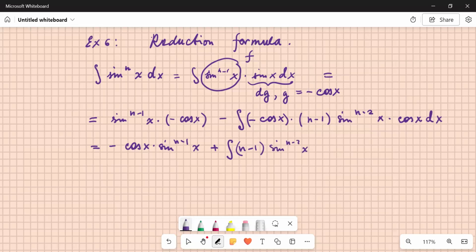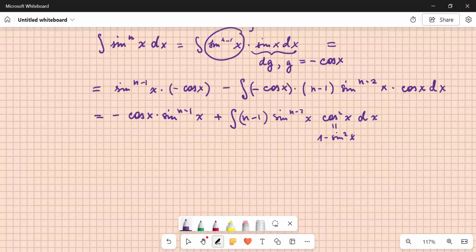And these two cosines are going to be combined into cosine squared. What I'm going to do with this cosine squared is represent it as 1 minus sine squared. Remember the Pythagorean identity: sine squared plus cosine squared equals 1. You can solve it for cosine squared and get 1 minus sine squared. You'll probably ask me how it works. Well, let's see.